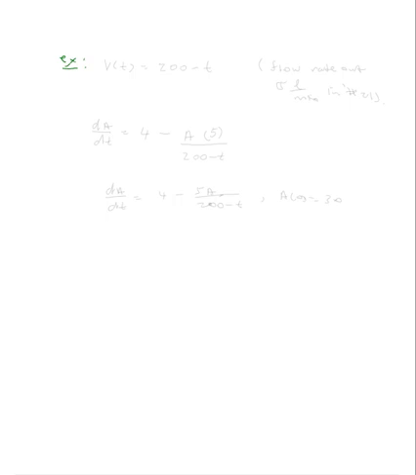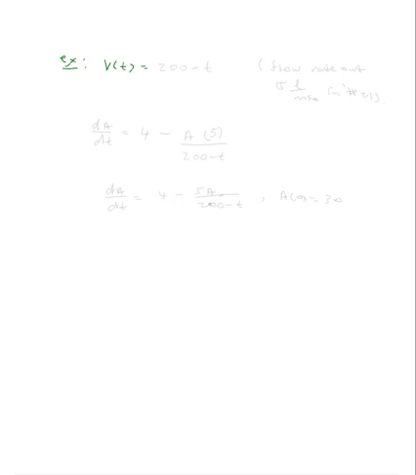So now the volume at time t will not always be 200, because the liquid is coming in at 4 liters per minute and going out at 5 liters per minute, and that means that we have a net rate out of 1 liter per minute.